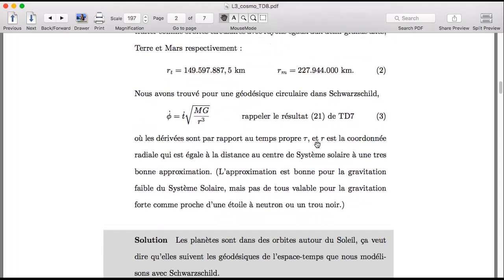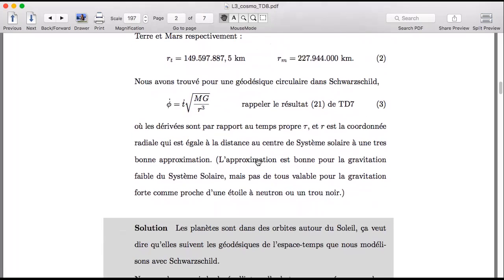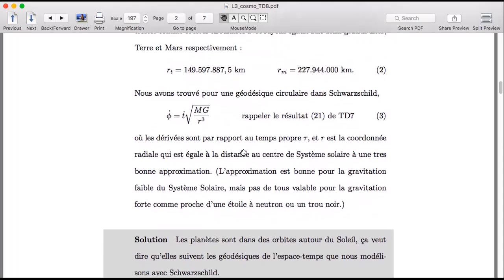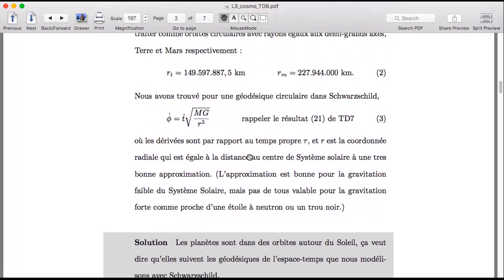And there's just one conceptual point here, that radial coordinates are not physical distances in a curved space-time, right?